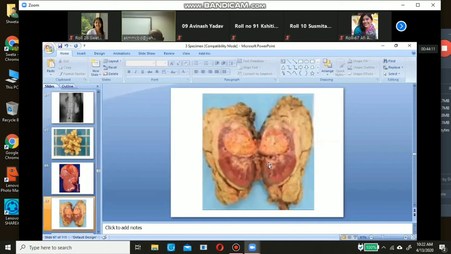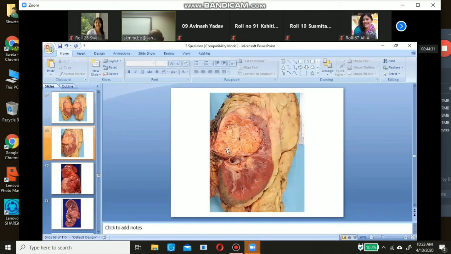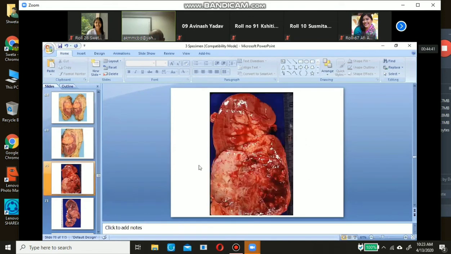You can see the kidney, the pelvic system, etc. But here it is abnormal. It is a kidney, actually dissected and then opened up. Probably the same picture, the kidney and the tumor. Here the tumor is in the lower part of the kidney.